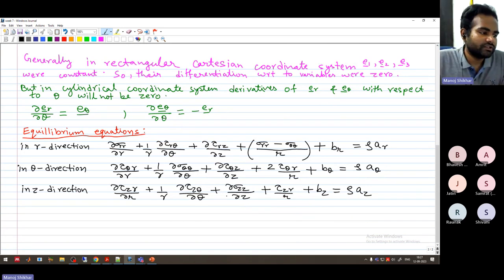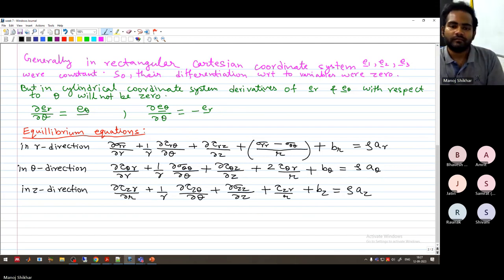So these are the equilibrium equations in three directions, r, theta, and z. And we will see how to use them.